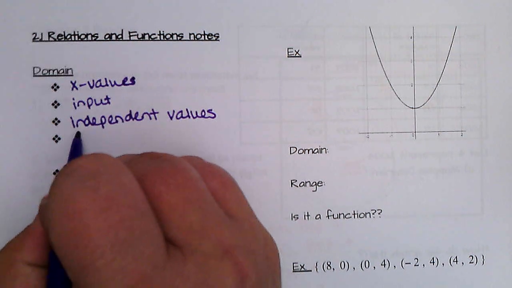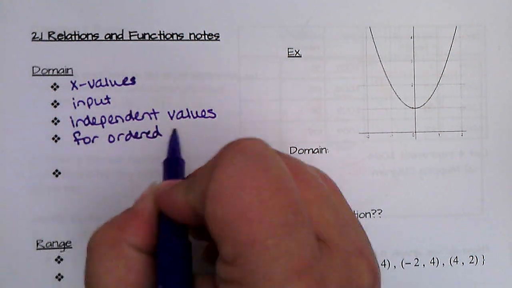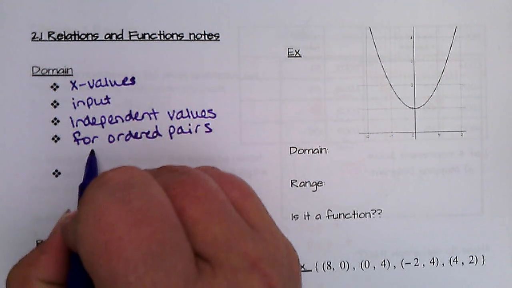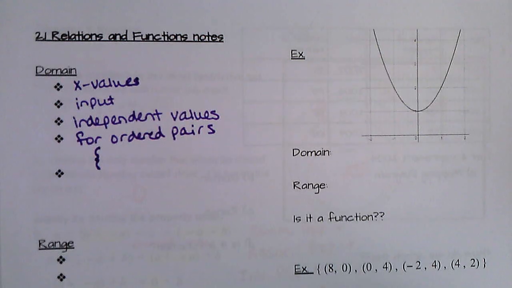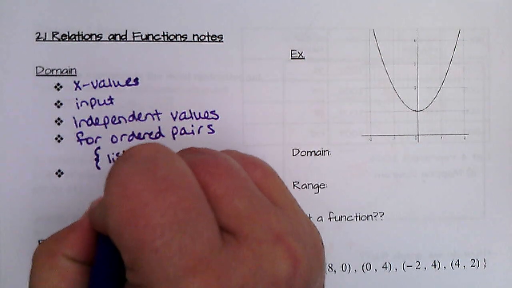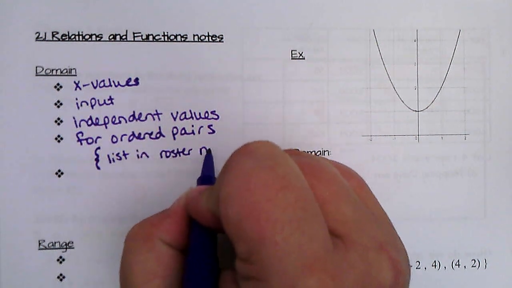And if you have an ordered pair, we are going to list. So for this example down here, we are going to list this. This is called roster notation.